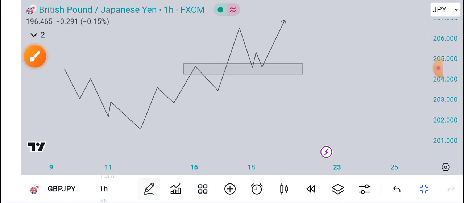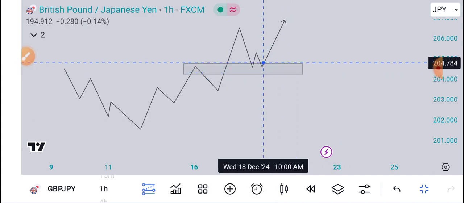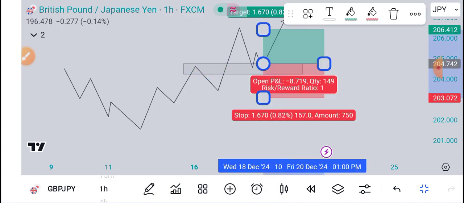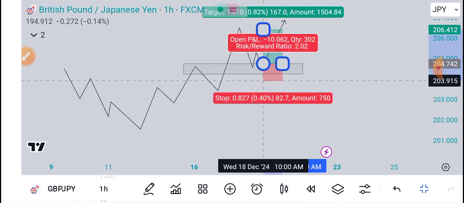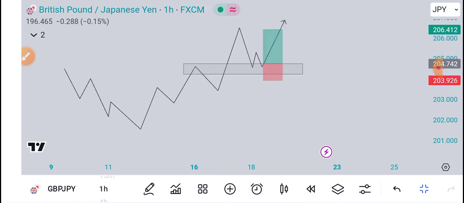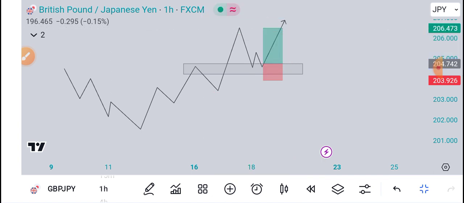So once you see the market forming a second leg, you enter your position right there. You put your stop loss a little below the zone, and you target the most recent high, and ensure that you're risking nothing less than a 1:2 risk to reward ratio on your trades. Don't go below 1:2.